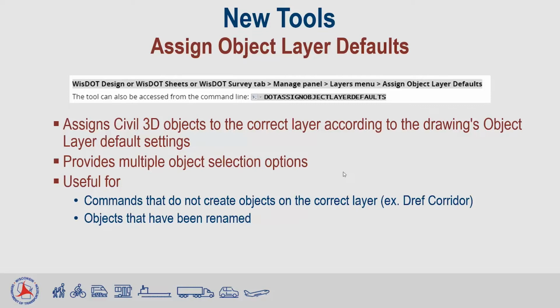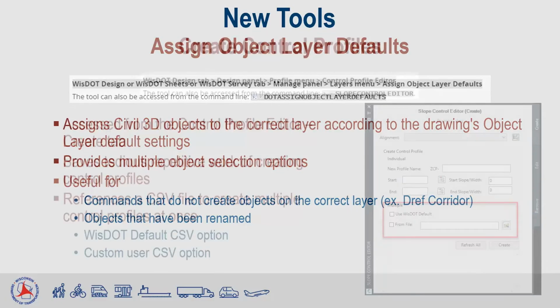And then it's also helpful in the scenario where you've renamed objects. So our object layer defaults take, for example, an alignment that you create. It creates it on a PALI layer, and then it has a suffix of the object name. Well, if you change the object name, then that layer is no longer correct, right? So it would update that for you.